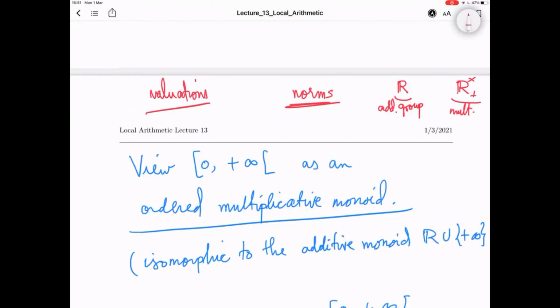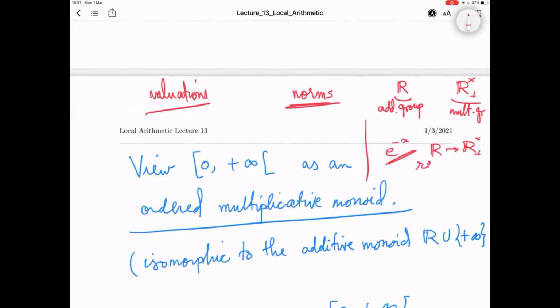And you have actually an isomorphism, e to the minus x, from R to R star plus.